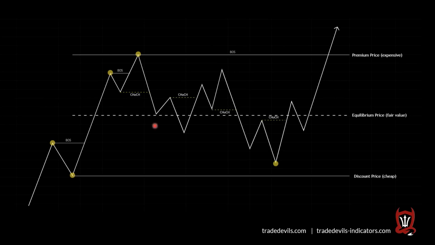Right now, the trend has not changed. We are still in an uptrend. We're just in the range, in the midst of an uptrend. We don't know it's an uptrend, of course, until we get this ongoing break of structure. But we can use this concept of expensive and discount to our advantage to try and identify those areas where it would be most advantageous for us to be pursuing a trade.